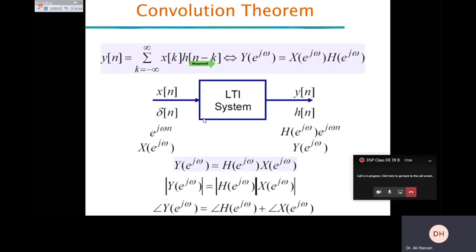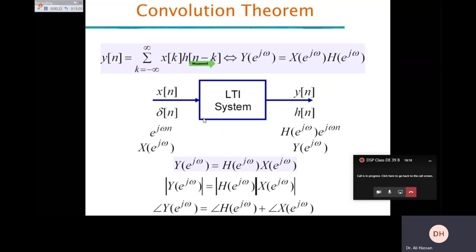These are all the things that we have studied till now. If you input an impulse, what you get at the output is called the impulse response. If you input an exponential e^(j omega n) and you get an exponential e^(j omega n) back, what is left is the frequency response of the system.